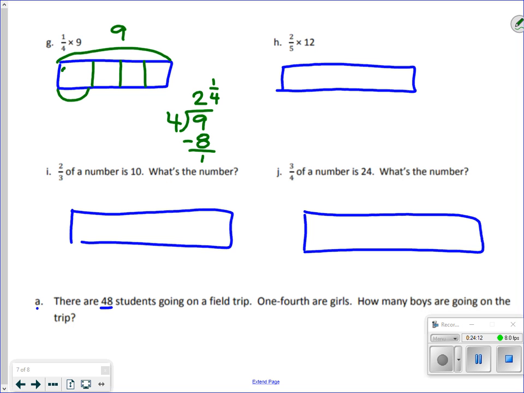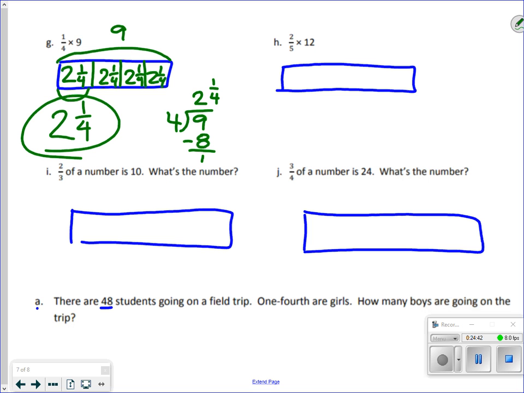So each unit is 2 1/4. Some of y'all just got so hung up on the fact that it didn't go evenly, and kind of froze on it. I don't know why. 1/4 of 9 is 2 1/4. If you know your facts, you should know that it's not going to go in evenly. You're going to get a mixed fraction.